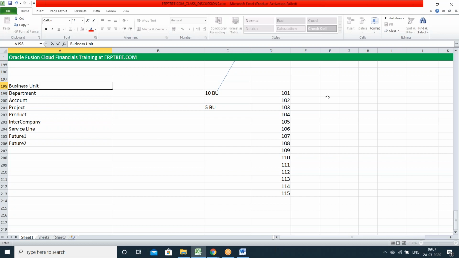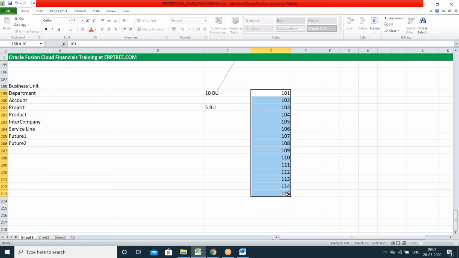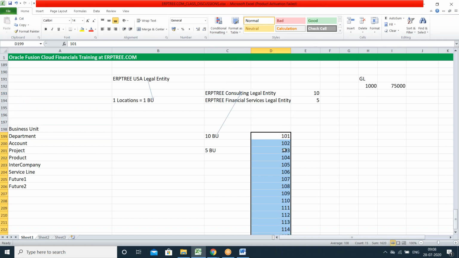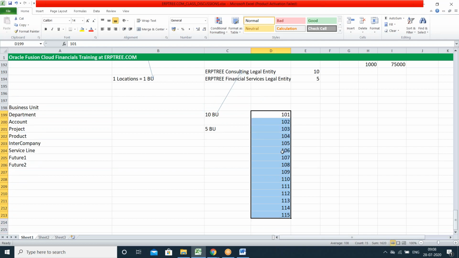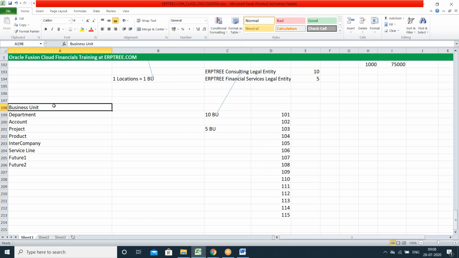And again, one more question. What are these 15? Of course, business units. Before that, what are those? What we are converting as business units? The locations, branches.